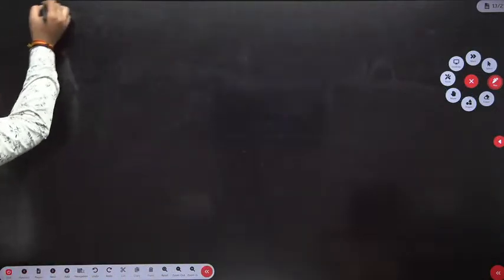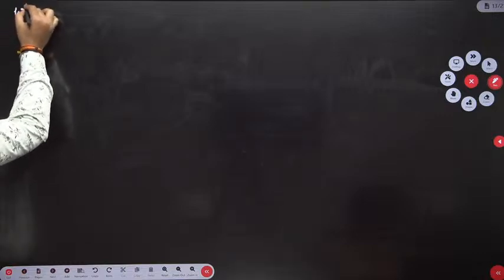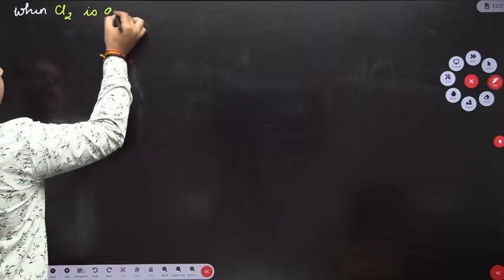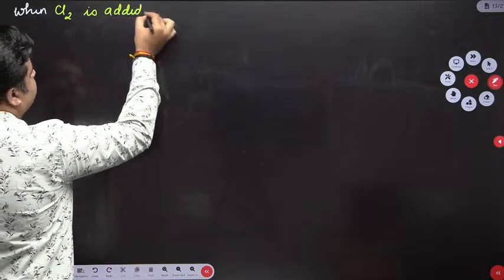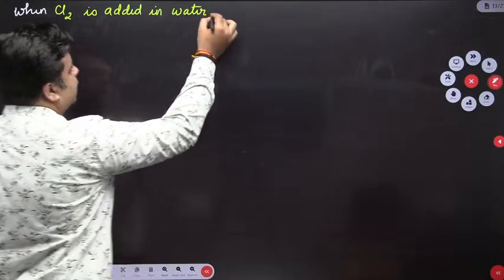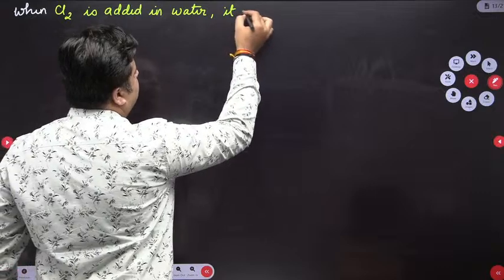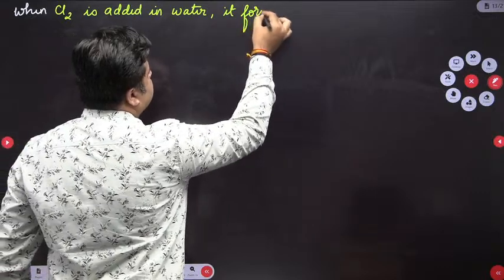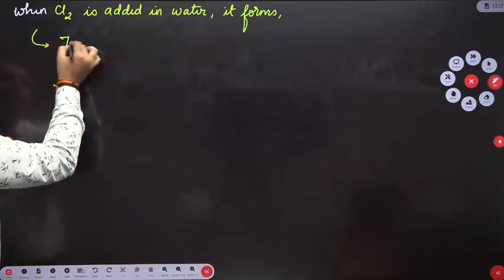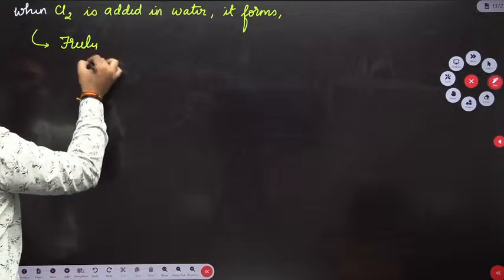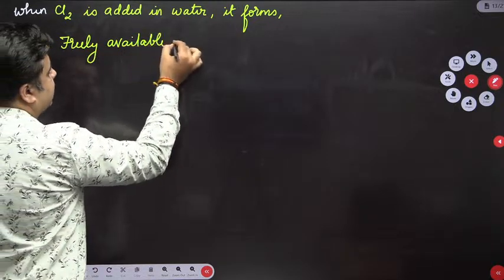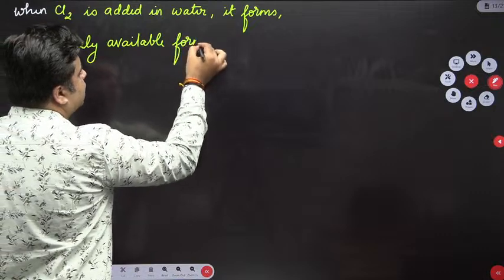When chlorine is added in water, it forms freely available forms of chlorine.